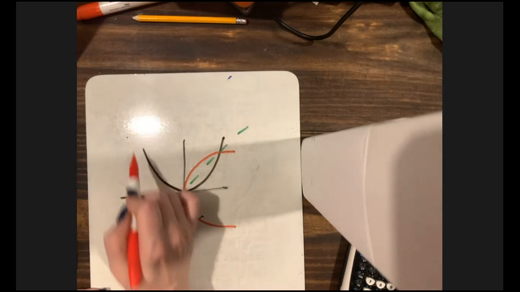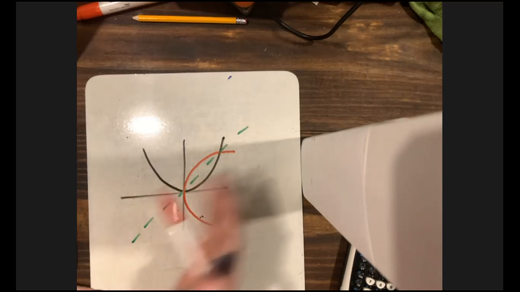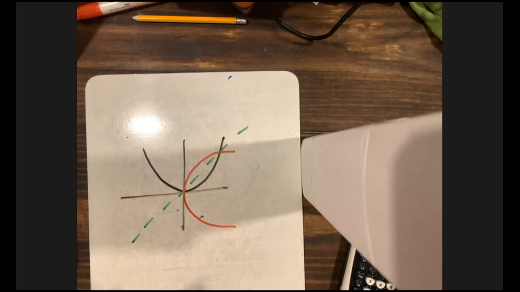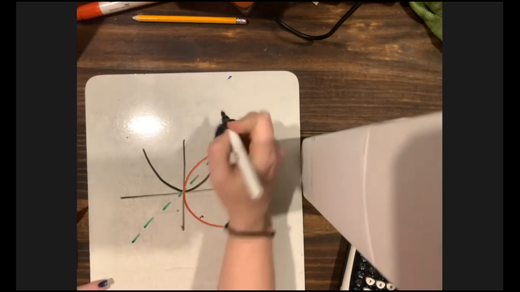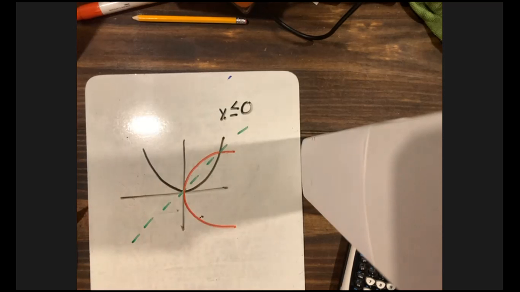Now the problem is that the black one is a function, but it fails the horizontal line test. And now that I've graphed the inverse, we can tell that the red one's going to fail too. So what they will do is they will put a domain restriction on here, and they'll say only look when x is less than or equal to 0.